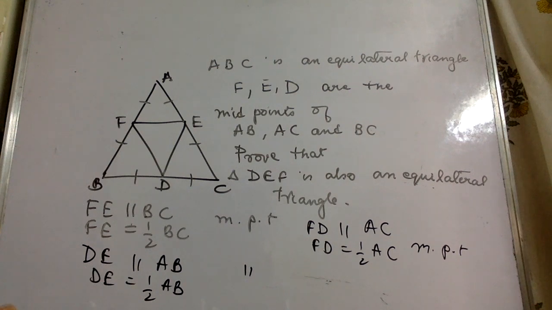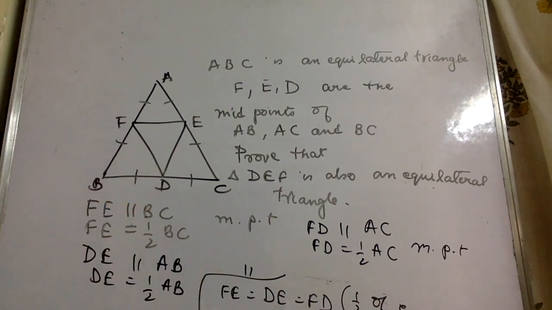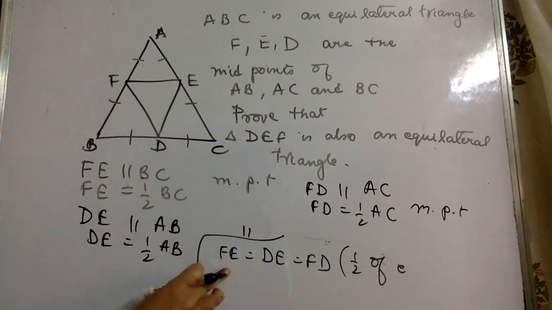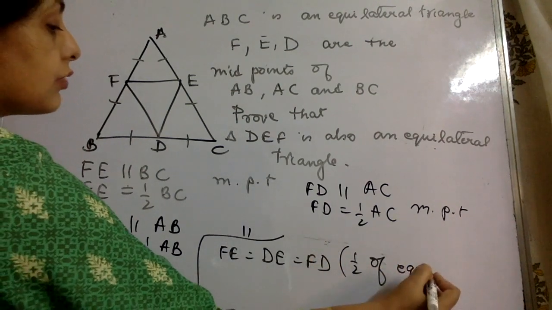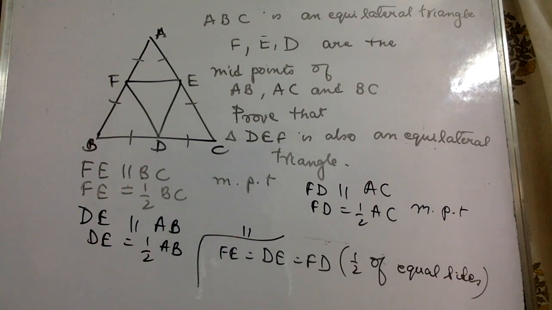Now we can write FE is equal to DE is equal to FD. Now why so? Because they are all half of equal sides.